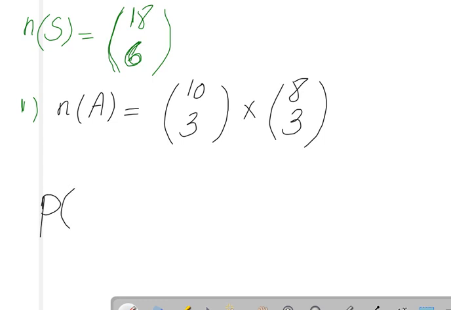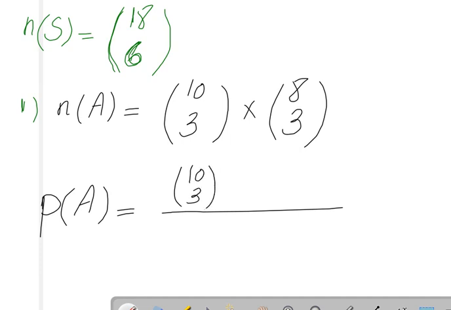So the probability of A is, you can use a calculator to obtain the result.